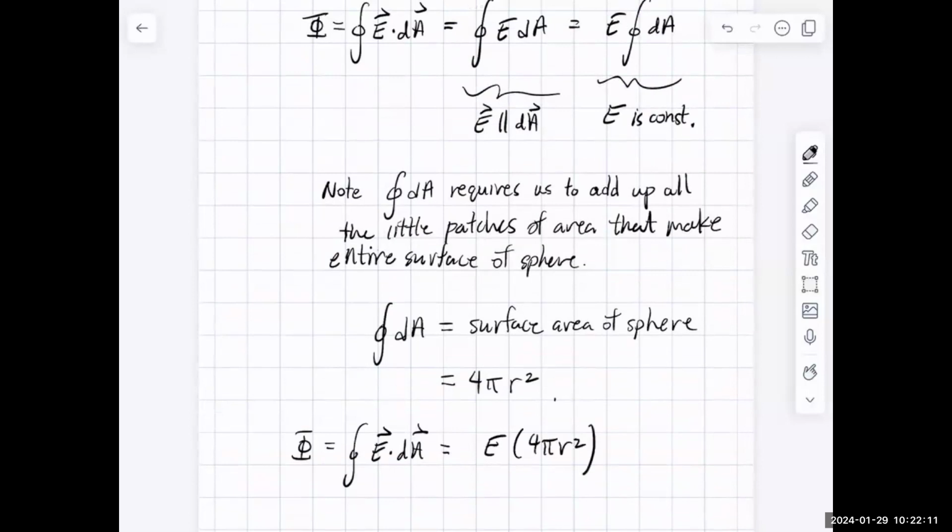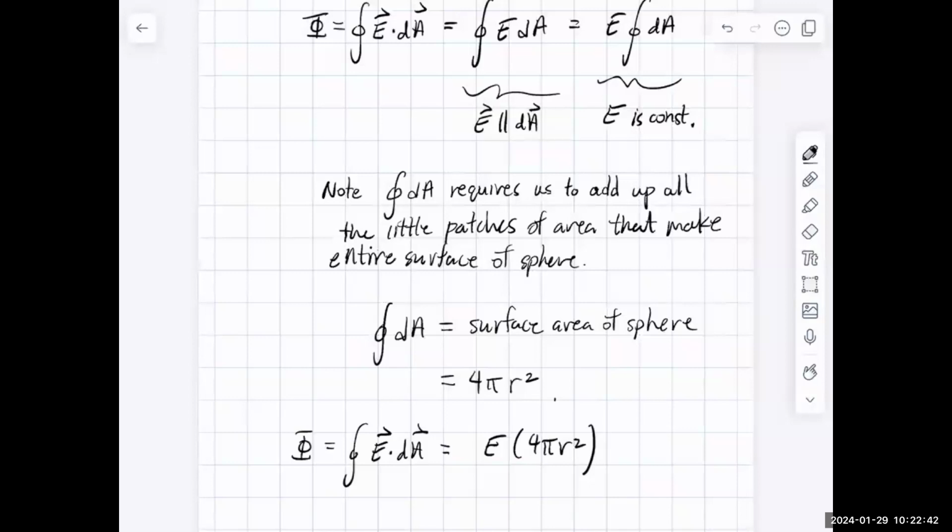And so all of the problems that we try to do with Gauss's law are going to be of this type. We're always going to look for ways to eliminate the dot product between the electric field and dA, and ways to factor the electric field out of the integral. And that's just going to leave us with taking E and multiplying it by some kind of area of a surface. And that's all it's going to boil down to.